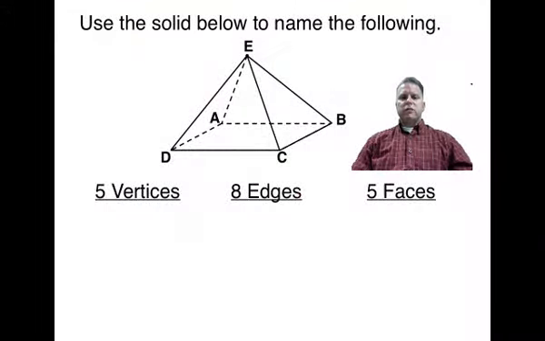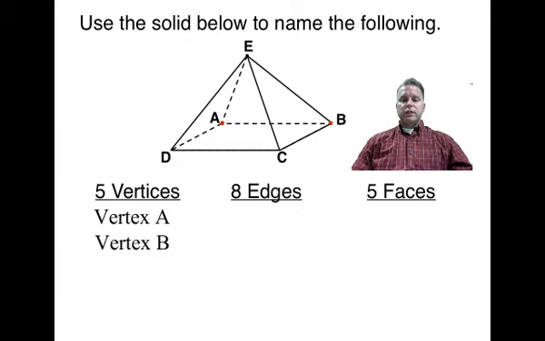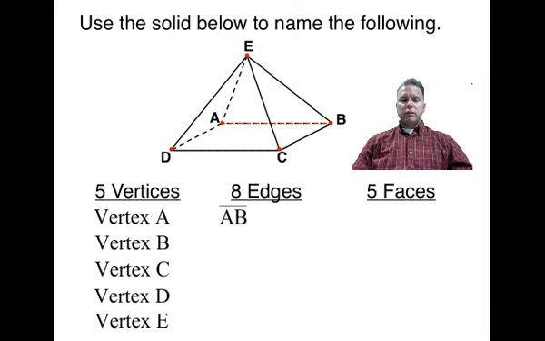We want to use the solid below to name the following 5 vertices. Those are basically the corners, so we have vertex A, vertex B, vertex C, vertex D, and vertex E. Name 8 edges. Well, in the back from A to B, that's a line segment.